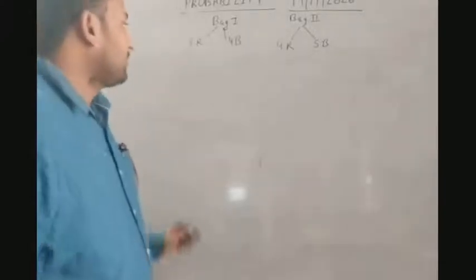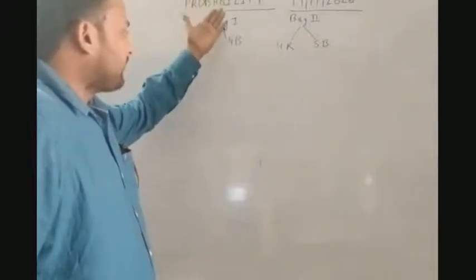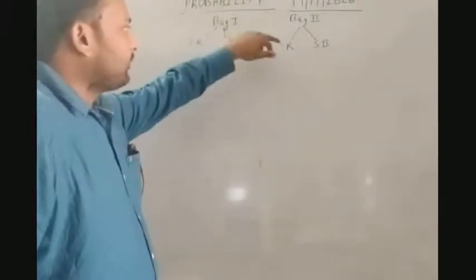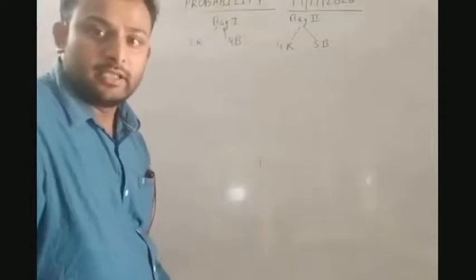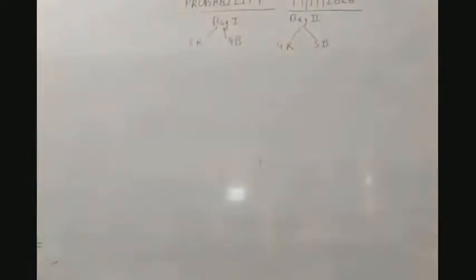First, one ball is drawn from this bag and transferred to the second bag. Then a ball is drawn from the second bag and the ball so drawn is found to be red in color. Find the probability that the transferred ball is black.